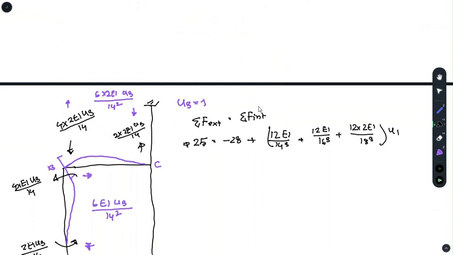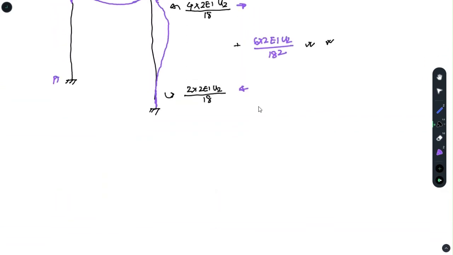So here the formula will be plus 6 multiplied by twice EI over L2 squared, multiplied by U2 as common, and minus 6 EI over L1 squared, plus the reaction we got for the application of DOF U3, which is this.